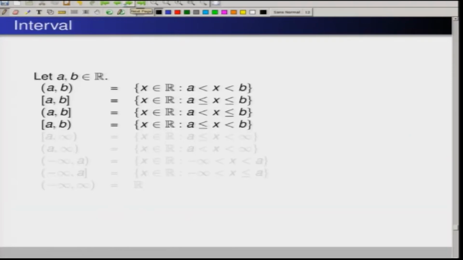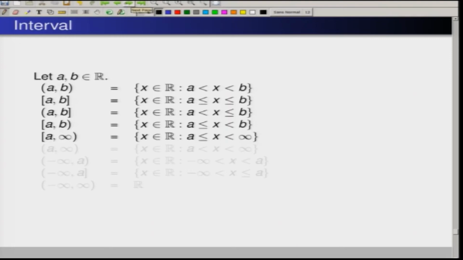Similarly, we can define A closed, B open, where A is included but B is not included, and all other numbers between A and B are included.